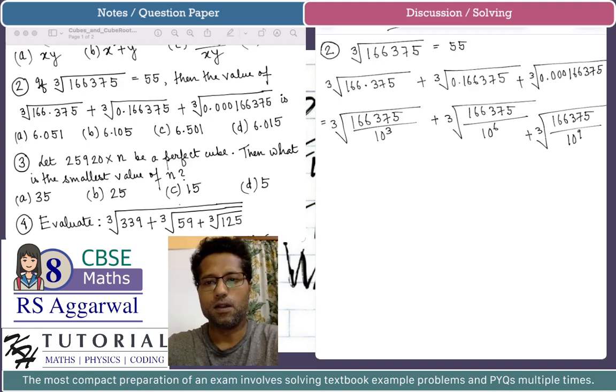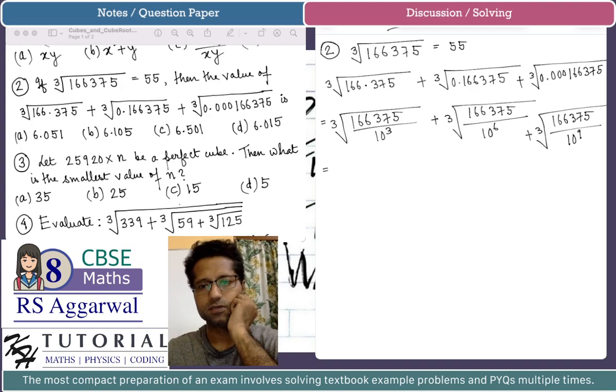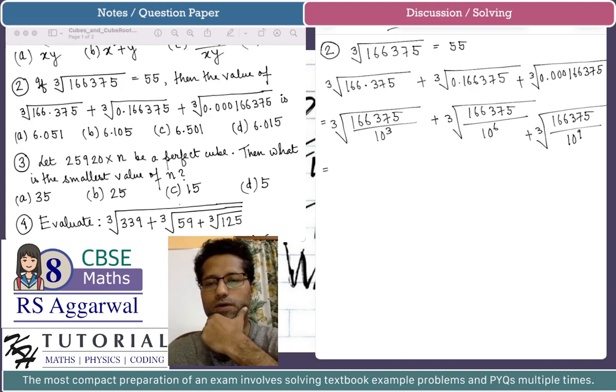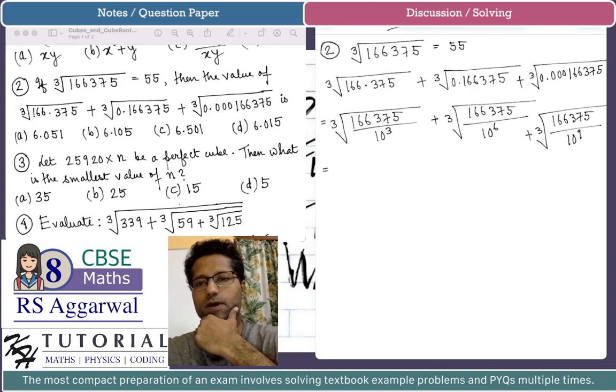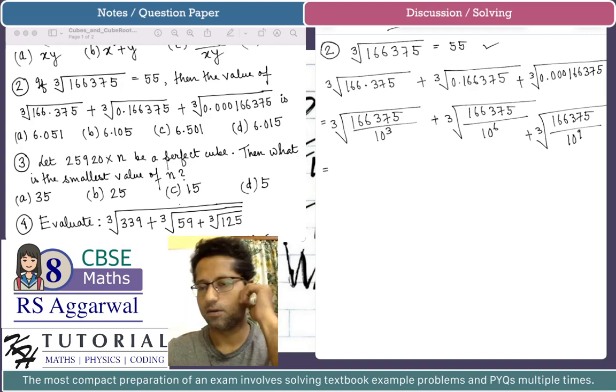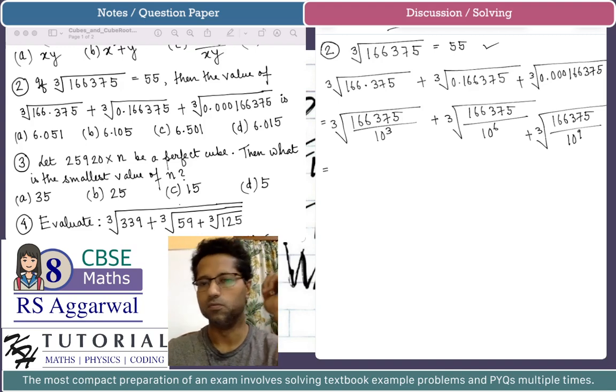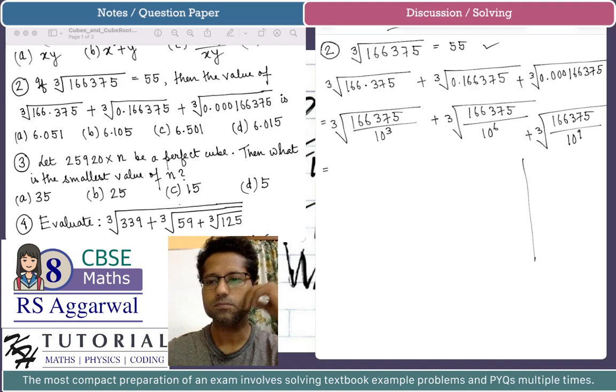Now we know that the number 166,375 is a perfect cube because it is already given. The cube root of 166,375 is 55. This is given. Also, all the powers of 10 are multiples of 3, which means that all the powers of 10 are also perfect cubes.